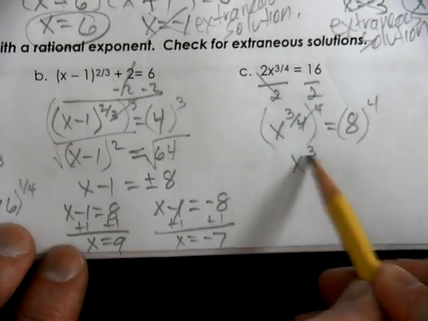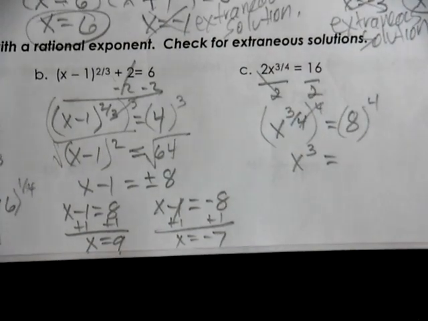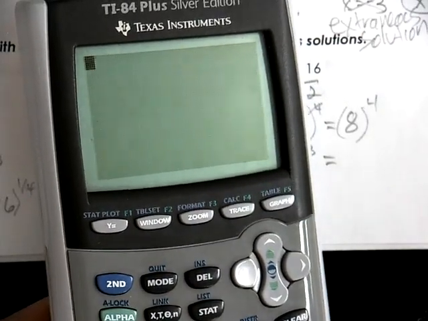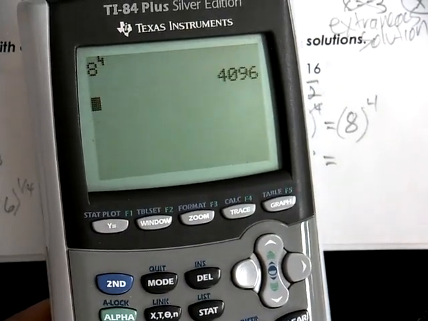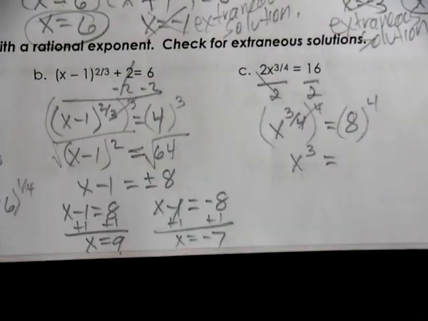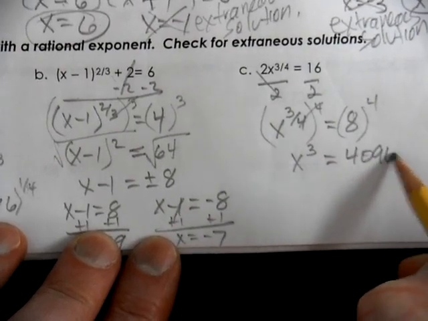That gives us x cubed. That is making our numbers get really big. But it helps us understand where this plus or minus number comes from. So again, 8 to the 4th power, we come up with that 4,096 again.